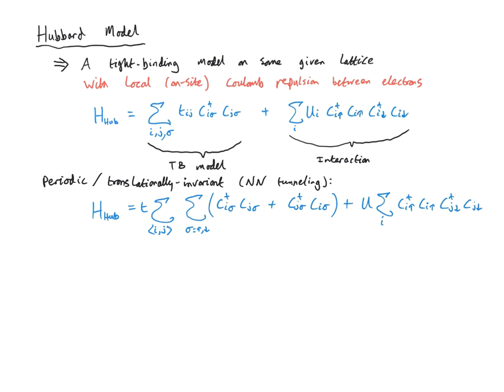And this is the model that we will actually study in the following. As I mentioned, it's not the most general type of model, but it's actually extremely rich and contains a lot of physics that we'll discuss at length.